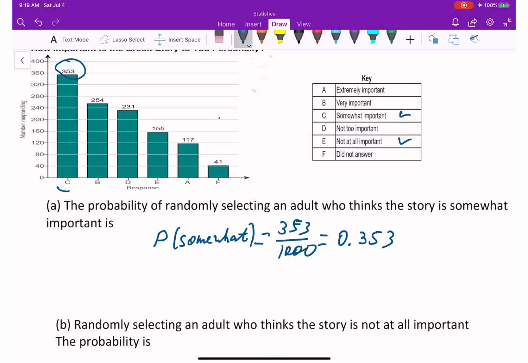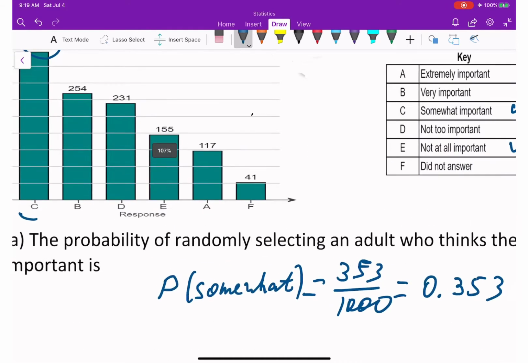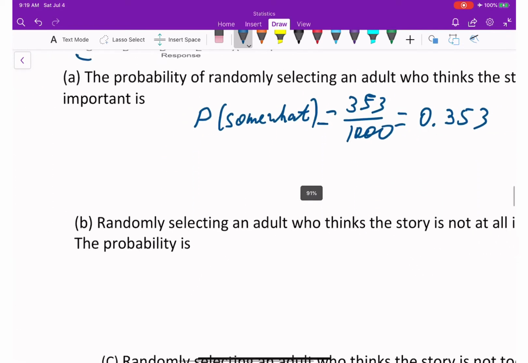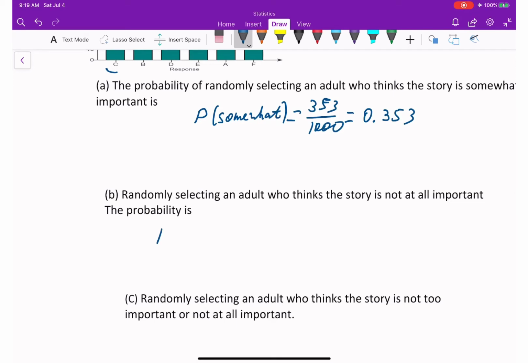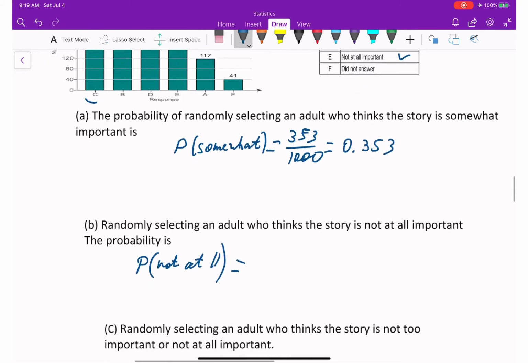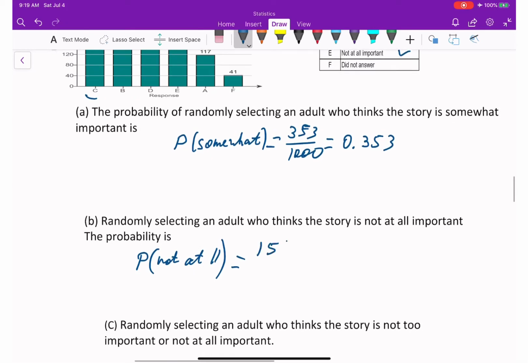Here it is, which is E, and we have 155. So the probability of not at all important is 155 over 1,000, which is 0.155.